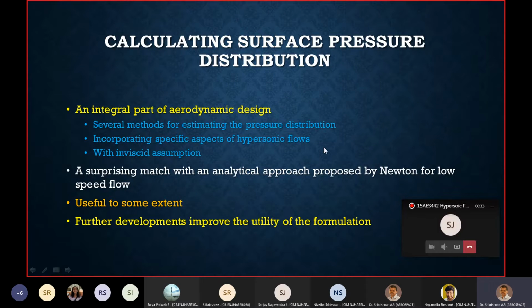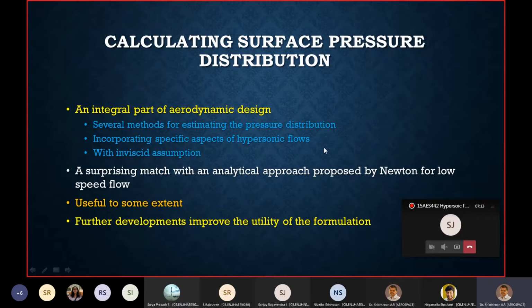The key issue here, actually not in this topic but in several sessions that we are going to have, that is in the major chunk of this course, is surface pressure distribution. When you have supersonic flow, we are particularly interested in external aerodynamics. And in external aerodynamics, as you always know from your aerodynamics course onwards, one of the key factors is how the pressure is distributed on the body as a result of the flow past it.